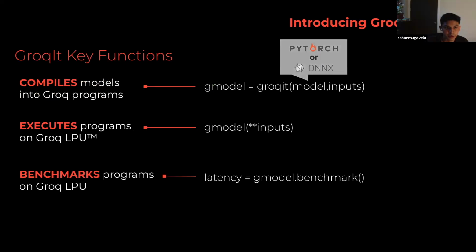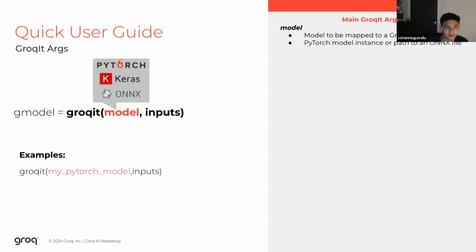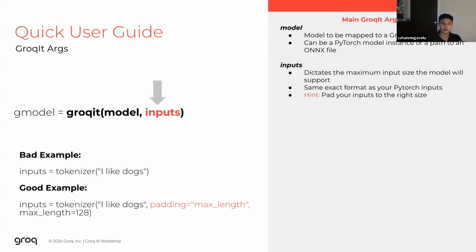All right, so that's going through GroqFlow. I'm just going to talk about the highlights of GroqFlow and the features that we have. So we pass in the model, we pass in the inputs. The best practice is to specify a static input size and zero pad. So for example, if we're using a natural language processing type model, we wouldn't want to just pass in inputs like this.